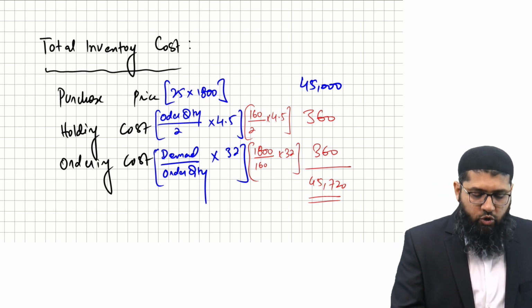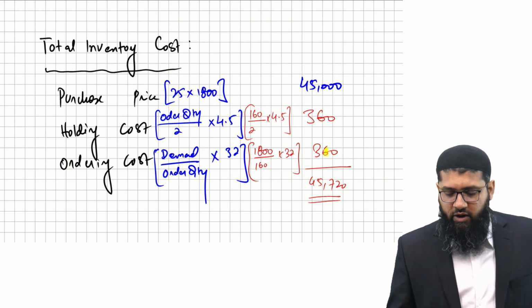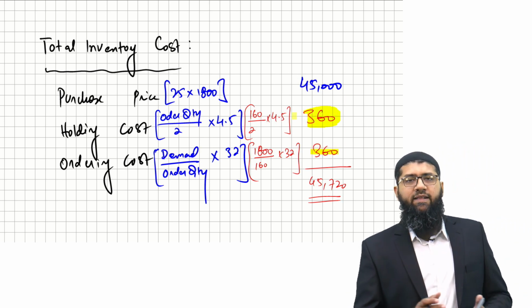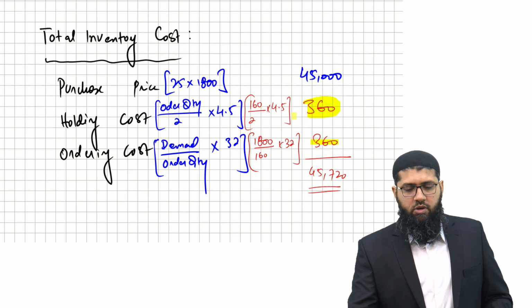Now, you could see one thing: the total ordering cost and total holding cost are the same. Why is that so?